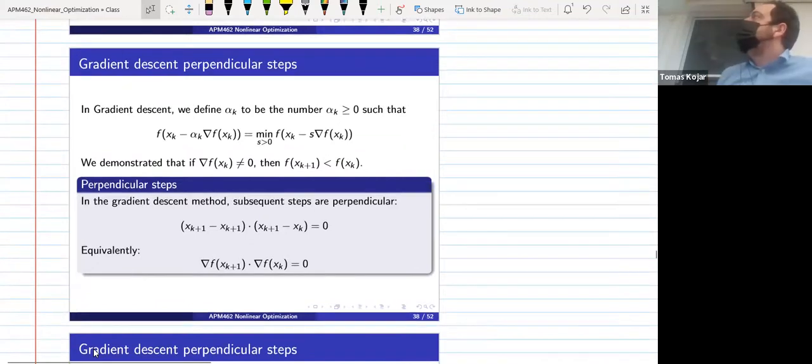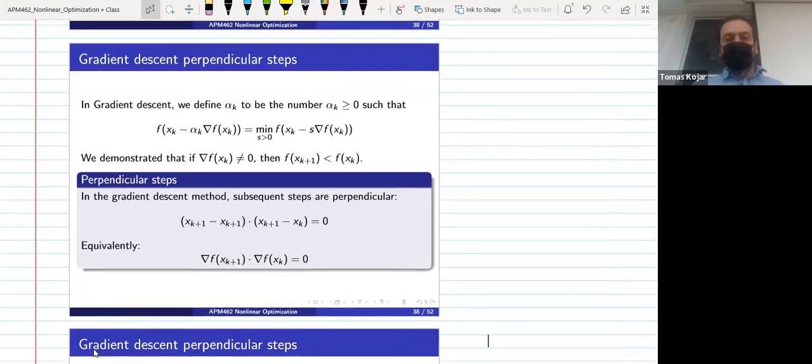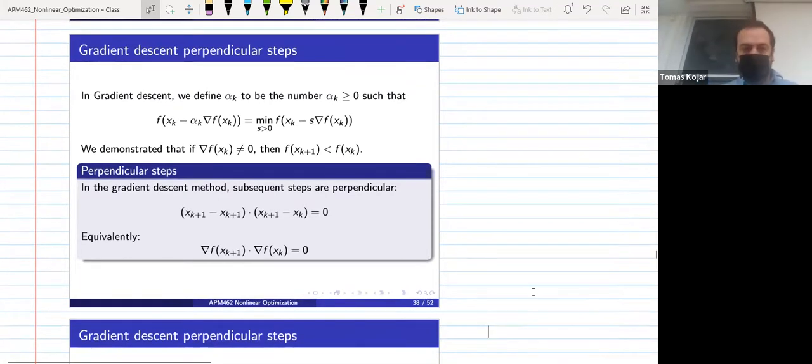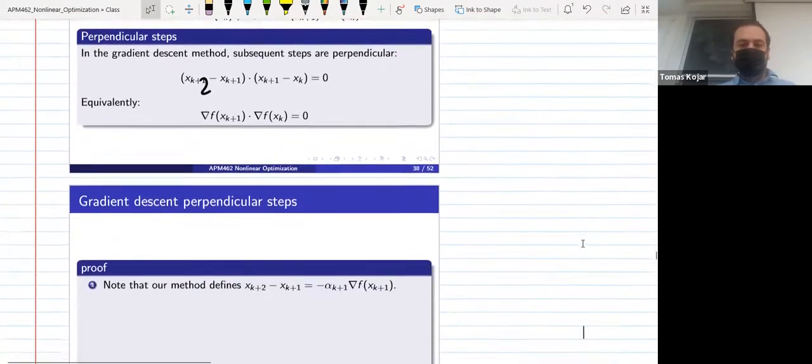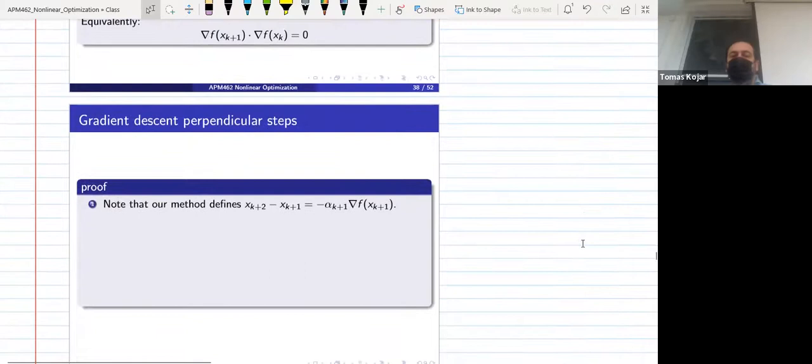Another thing, again, this is a review in a sense. The jumps that we make are vectors, and they're perpendicular to each other. Okay, let's go through the proof and do it. So again, what are we trying to prove?